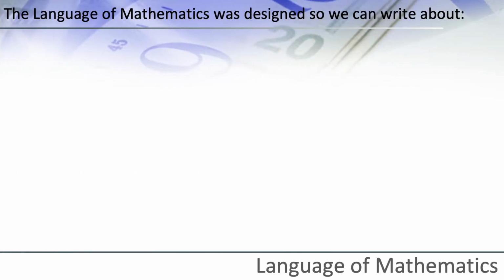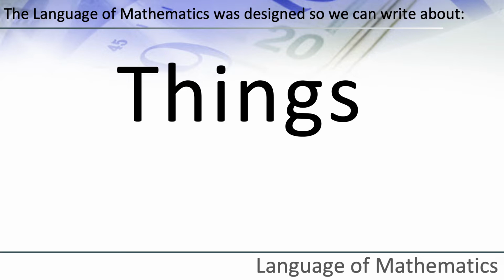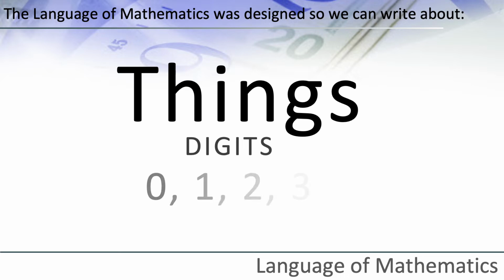Mathematics was designed so we can write about things in terms of digits. When we say digits, we are referring to these numbers 0, 1, 2, 3. Historically, before the Arab numerals, we had the Roman numerals, which were introduced in the European countries.